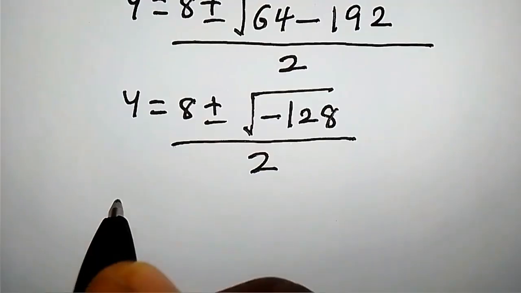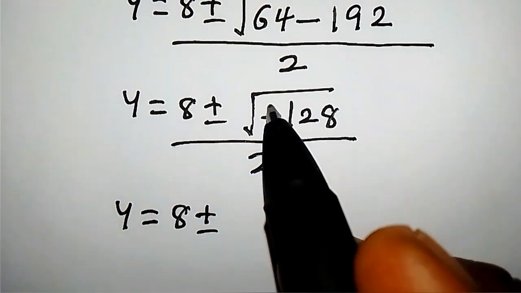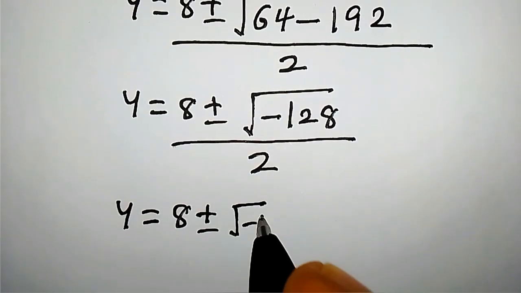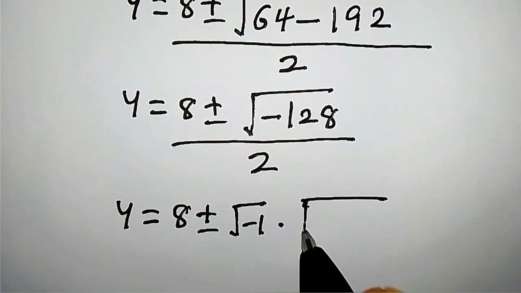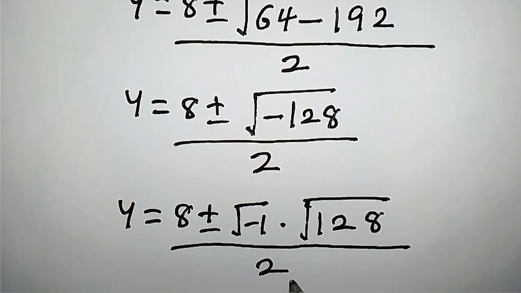Let's proceed further. The square root of minus 128 could be written as square root of minus 1 times square root of 128, divided by 2.